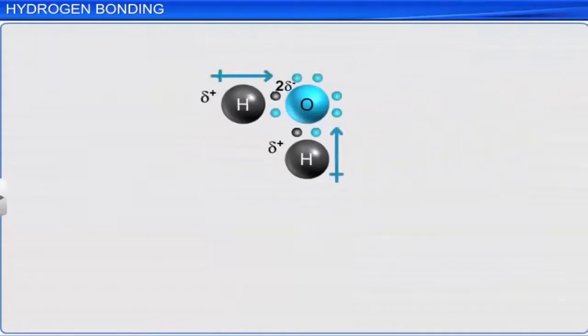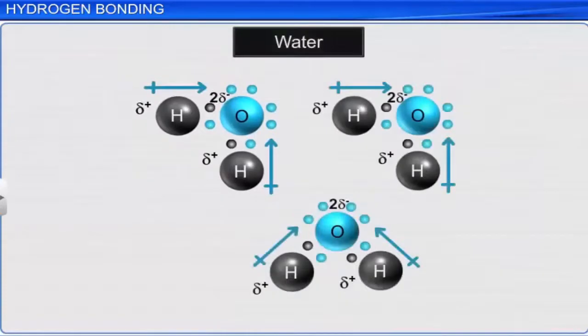When a number of molecules of these compounds are present together, the partially positively charged hydrogen atom of one molecule is attracted to the partially negatively charged electronegative atom of another molecule. This weak electrostatic force of attraction is called a hydrogen bond, which is weaker than a covalent bond.